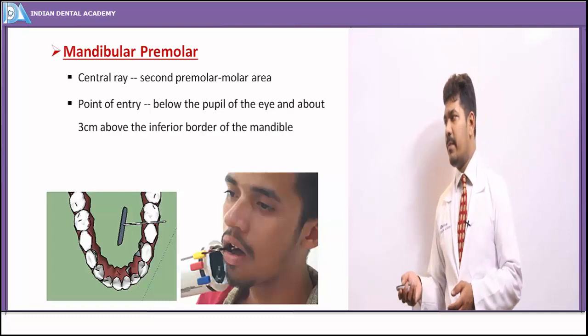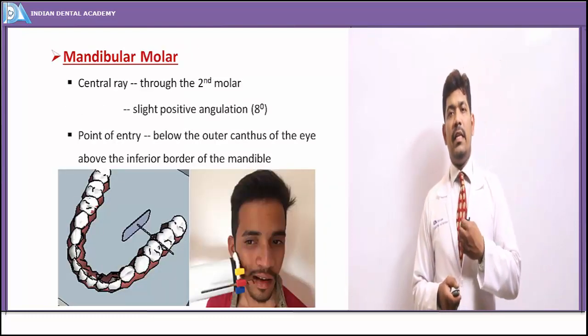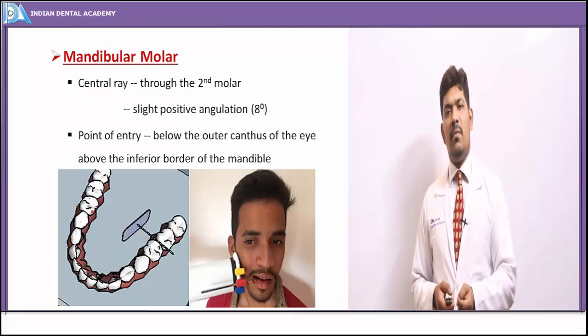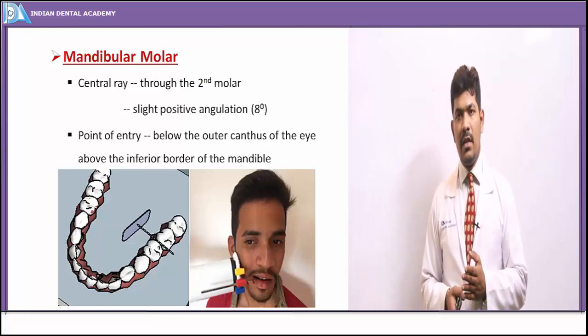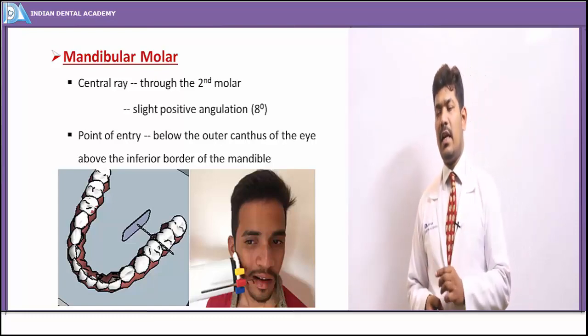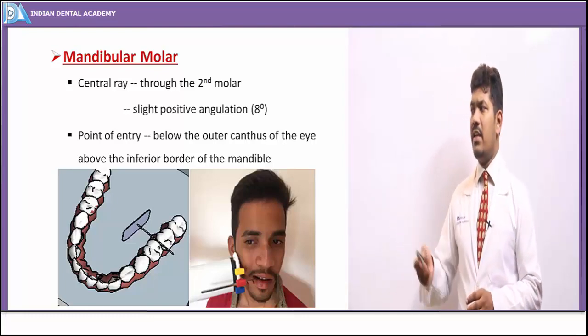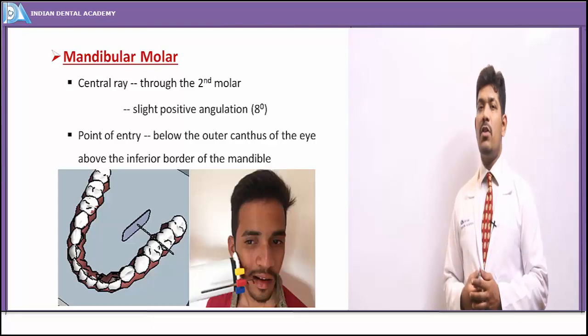Now the mandibular molar, just like in the maxillary molars, we take the first and the second molars into consideration. Then we take the tangent which passes through the buccal surfaces of the first and the second molars, and the central ray is positioned through the second molar with a slightly positive angulation.